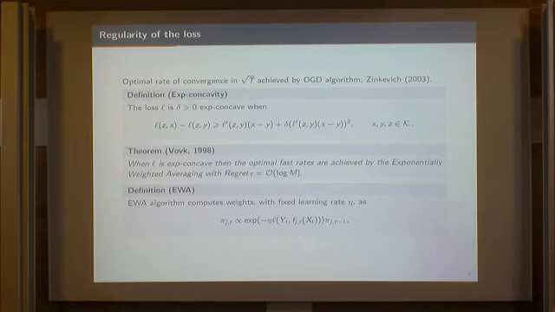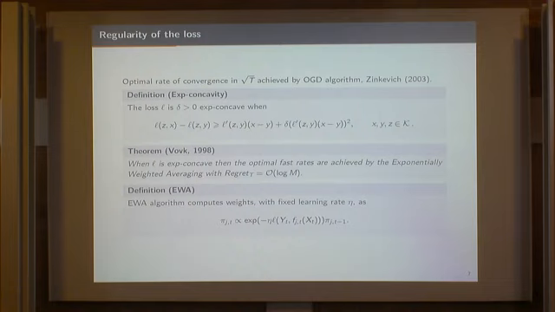This rate of convergence is not optimal in many cases, in the sense that you would like to speed up a little bit, to be more precise. By using what? You have to assume some regularity on the losses to speed up this rate of convergence. Because if you have only convex losses, that's the best that you can do.